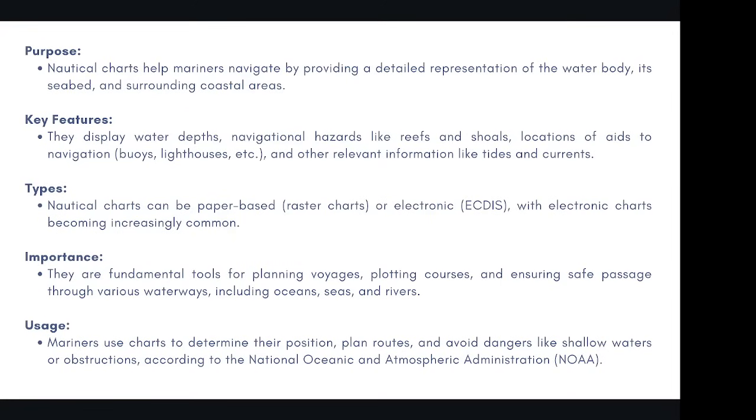So the maritime charts are designed to help the mariners plan voyages, plot courses, and navigate vessels safely and efficiently.